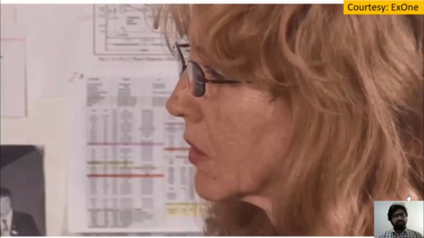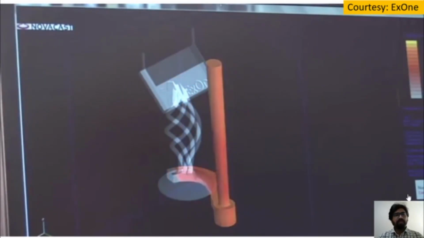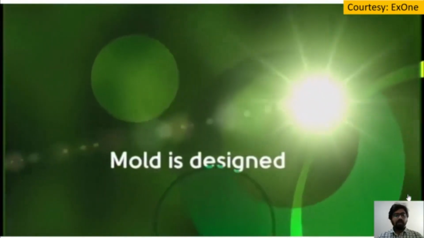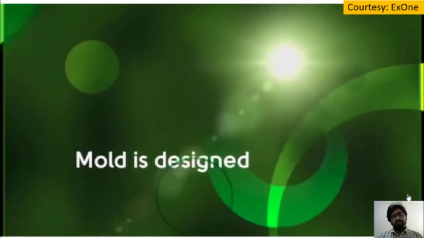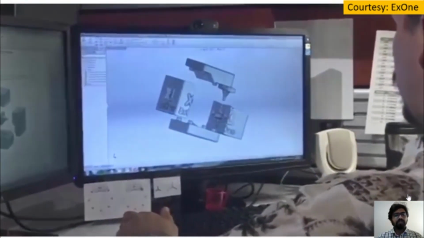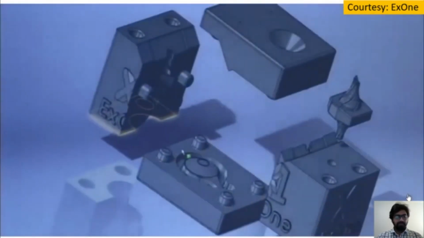That pattern creates a cavity in the mold, and then the molds are brought together to pour the molten material into the cavity and realize the final metallic part. However, if we do the same job by utilizing binder-based powder bed additive manufacturing, we can print the whole mold in a single go on the bed.